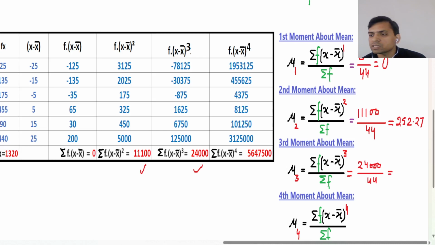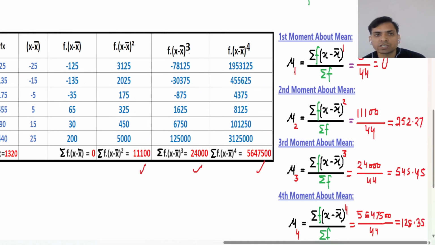So you will see this value as 545.45. This is third moment, and for fourth moment we will consider this value. This is 5647500, and this quantity divided by sum of f, this is 44. So you will see this moment as 128.35. So this is fourth moment about mean for this continuous type of data.